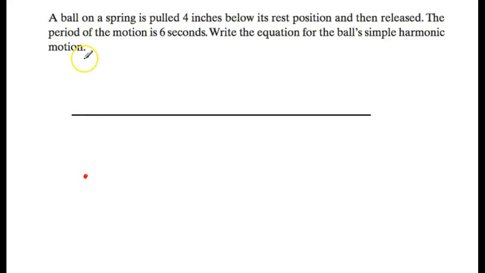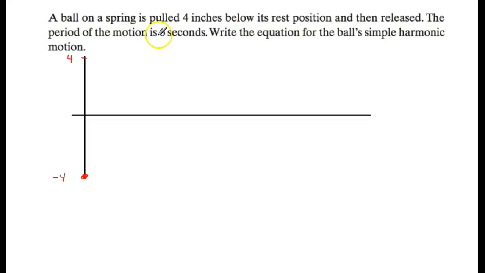So we're going to say that that is negative 4 inches. So this is down here at negative 4, and so that means the maximum displacement is going to be up here at positive 4. So this is a point on the graph. That's 0, negative 4, because we're at 4 inches below and we're releasing it then.